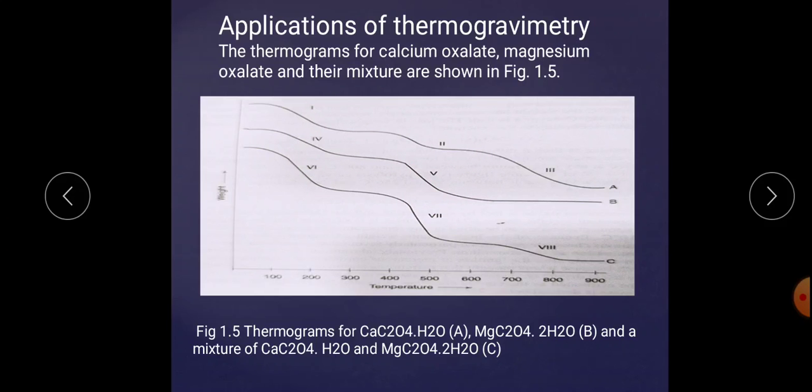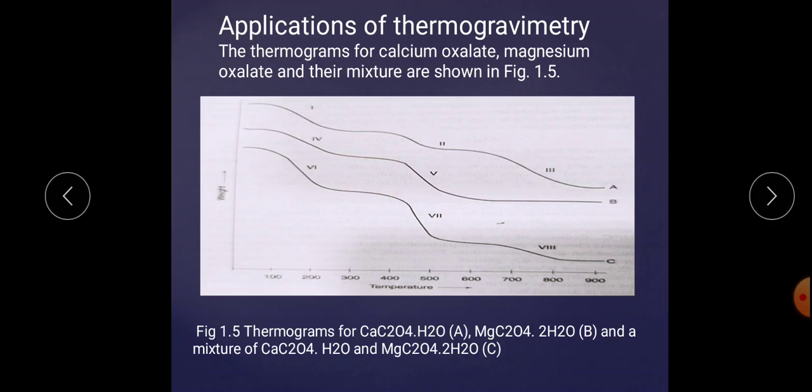When the magnesium oxalate dihydrate is heated between 100 and 250 degrees Celsius, there is again a loss of water molecules. Then the magnesium oxalate dihydrate gets converted into anhydrous magnesium oxalate.